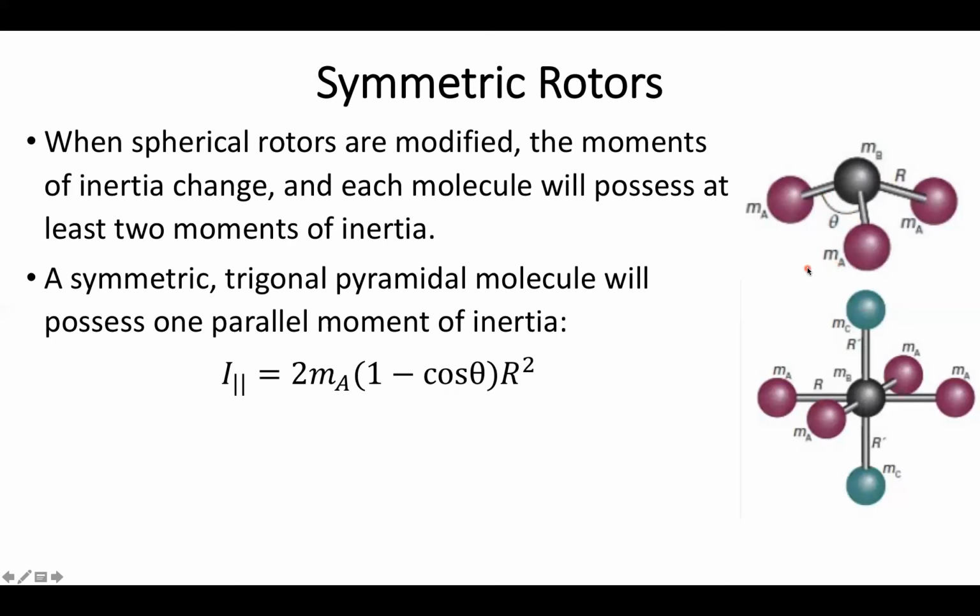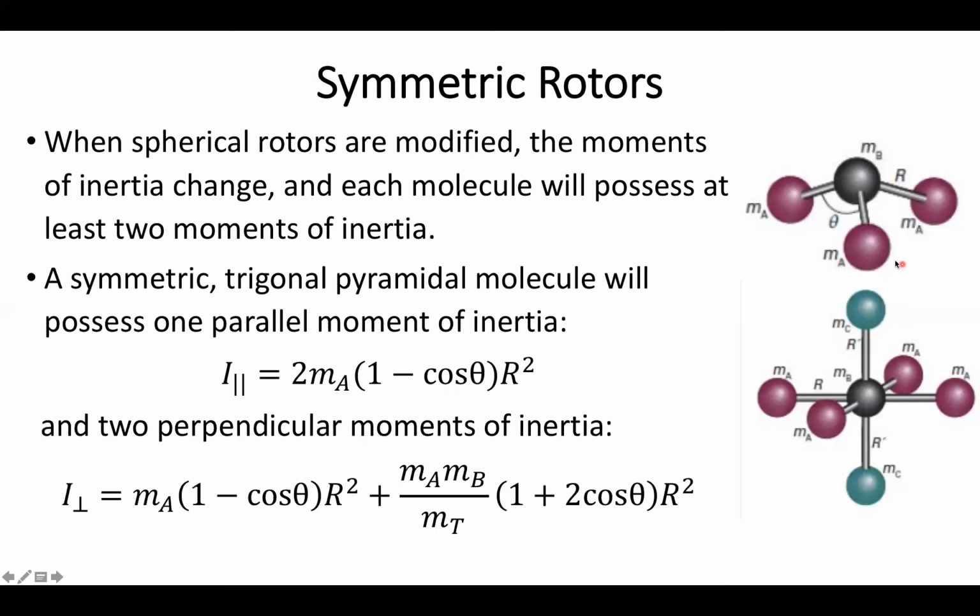We can similarly apply some trigonometry to get the other 2 axes. So these are going to be the perpendicular moments of inertia. You can think about these as the ones that cut through in the other direction. So for example, along this AB bond, and then directly 90 degrees to that. And they involve, well, let's be honest, a little bit trickier math.